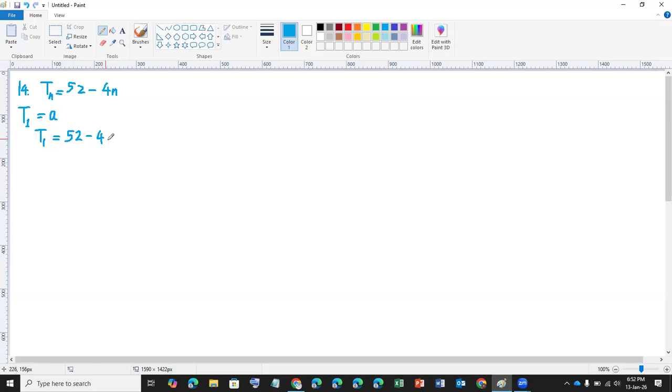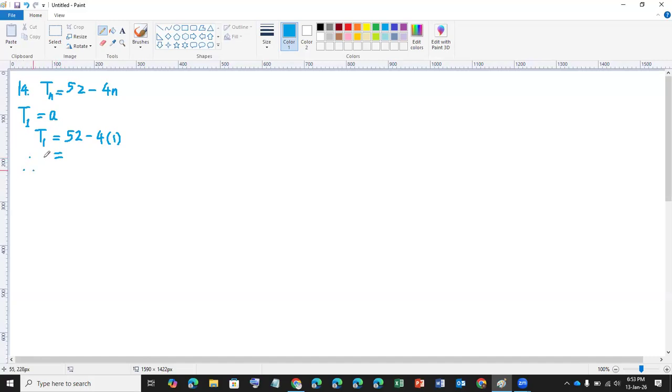Okay, so let's just know that we substituted 1 for n, and it's a multiplication that's going on there. So 52 minus 4 will give us what? 48. 48, correct.